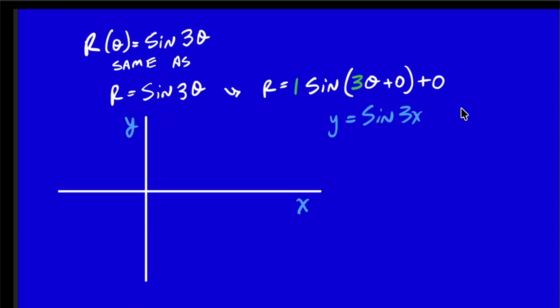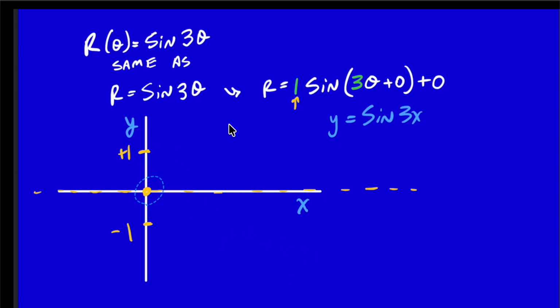We could see here that the midline is 0, so let's go ahead and draw that in. Since this value right here is 1, that's our amplitude, that means our minimum and maximum values are going to be positive 1 and negative 1. Since our graph starts at the origin for sine, we're going to have something like this.